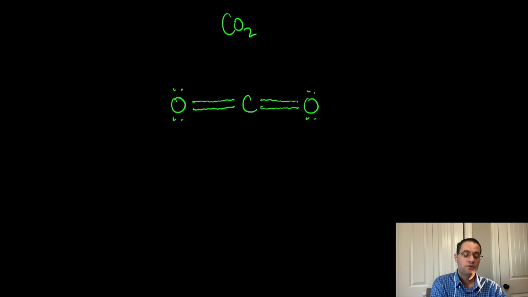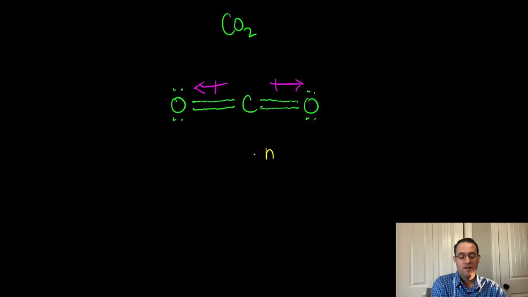Let's look at the individual bond dipoles. This carbon-oxygen bond is polar. This carbon-oxygen bond is polar. But if you add up those 2 as vectors, you can see that the net molecular dipole moment is 0. They cancel each other out.